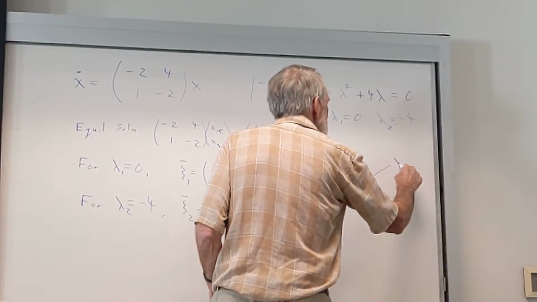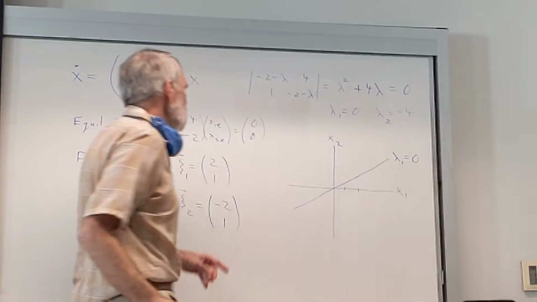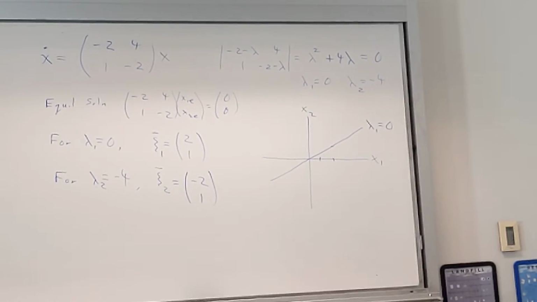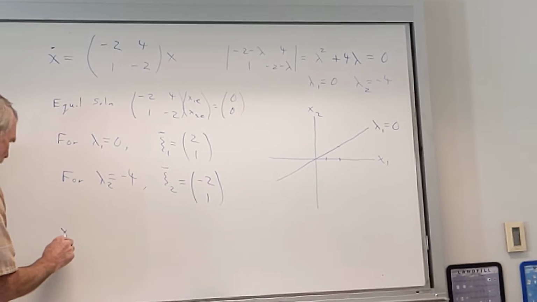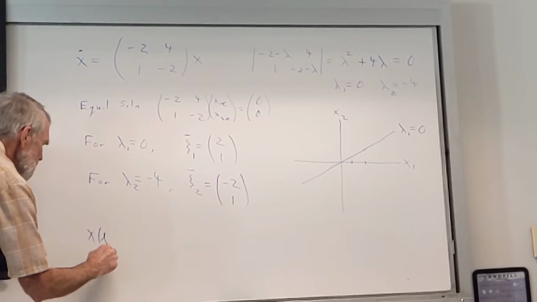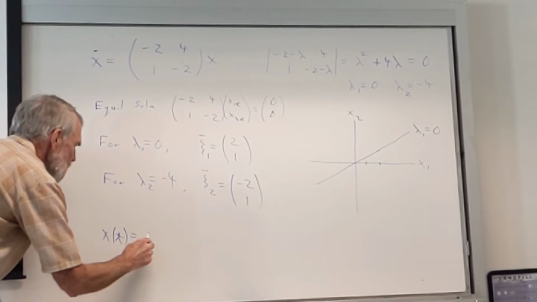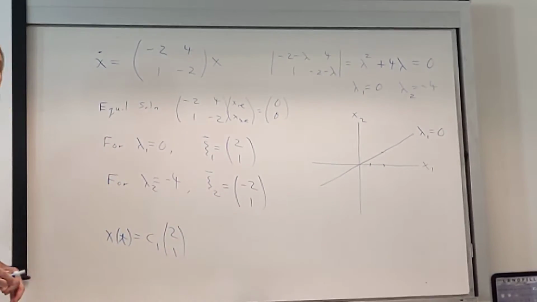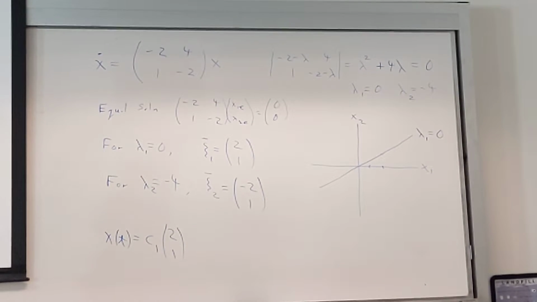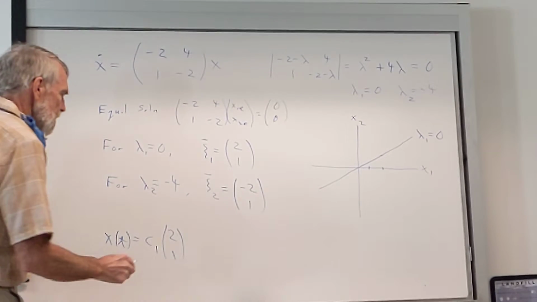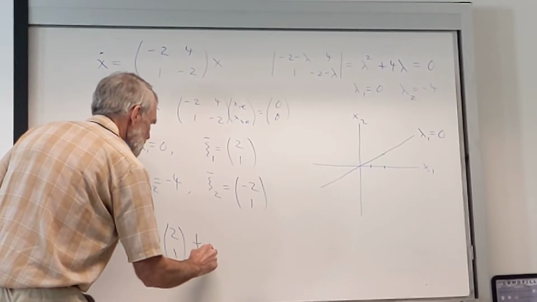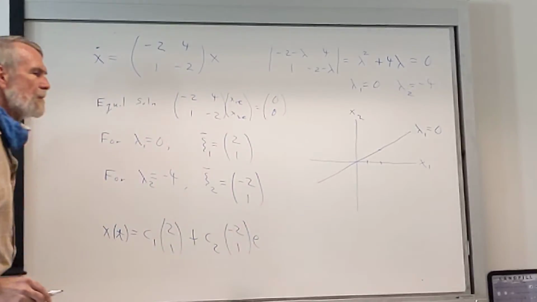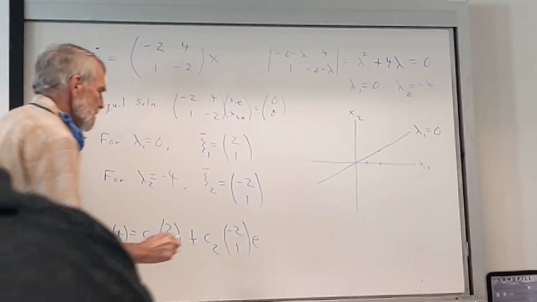And that one's associated with lambda 1 equals 0, right? So what's the flow along that? Let me write down here my x of t is going to be equal to c1 times 2, 1, e to the 0t. What's e to the 0t? 1. Okay? So plus c2 times minus 2, 1, e to the minus 4t.